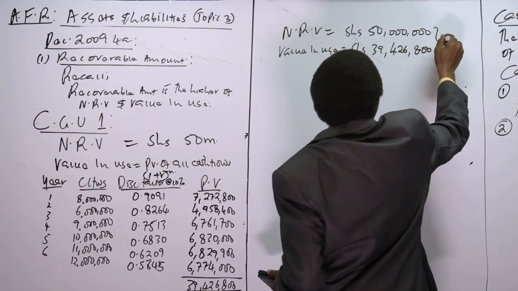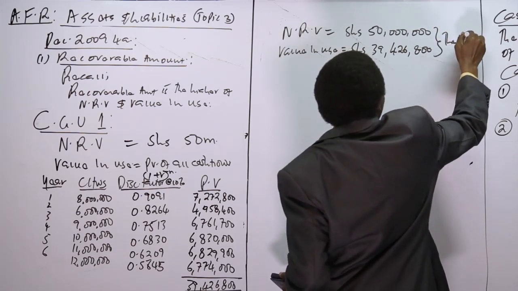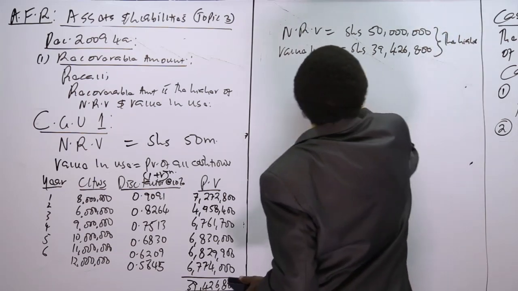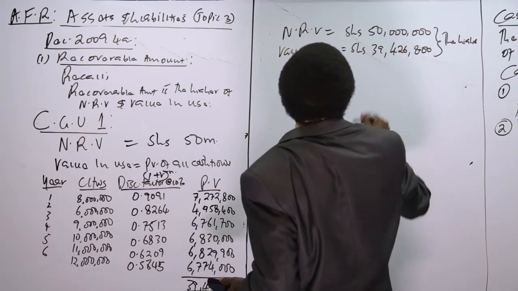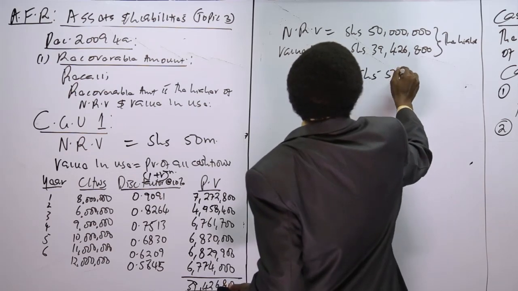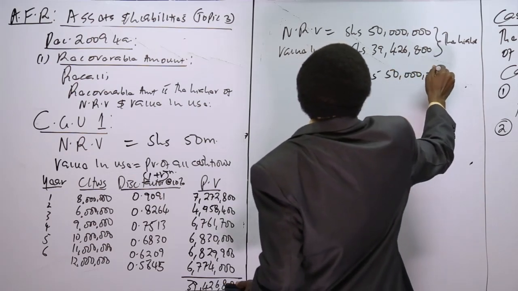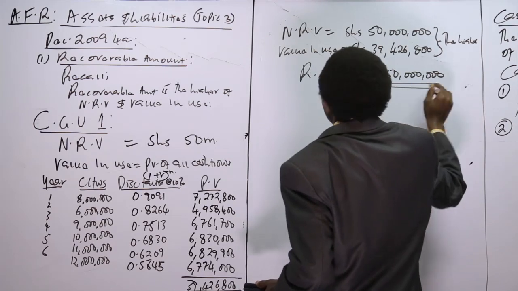So what is the higher? Definitely our recoverable amount for unit 1 will be shillings 50 million.